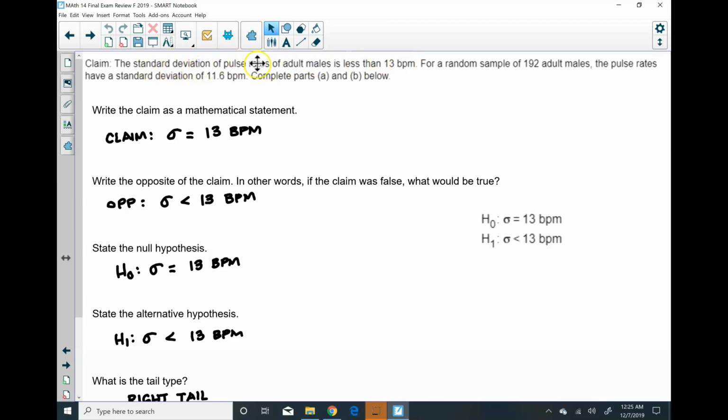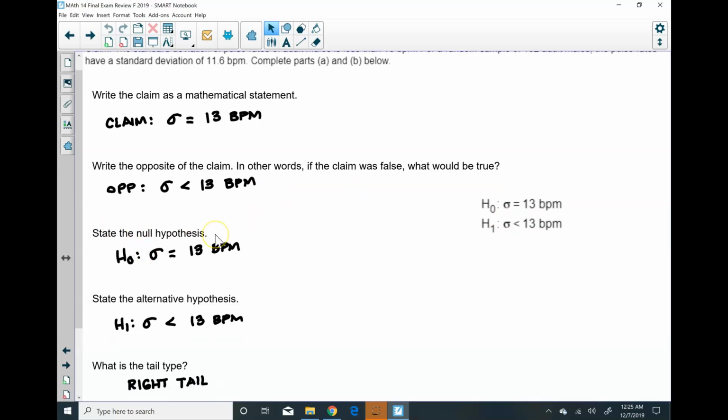Remember that the claim is always going to have the standard deviation equal to 13 beats per minute in some form, and the opposite of the claim is going to have either the less than, the greater than, or the not equals. Since it says less than, the opposite of that claim would be the standard deviation is greater than or equal to 13 beats per minute.